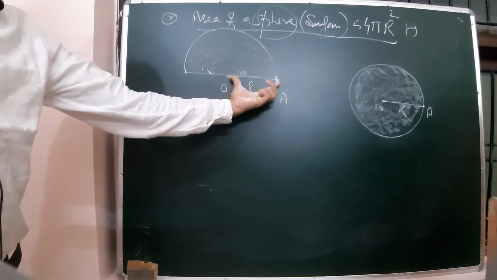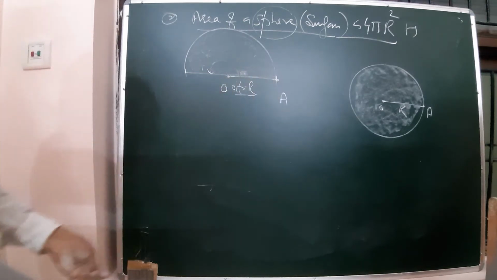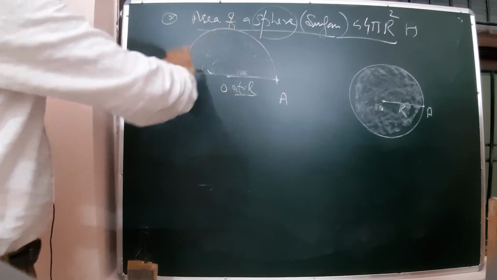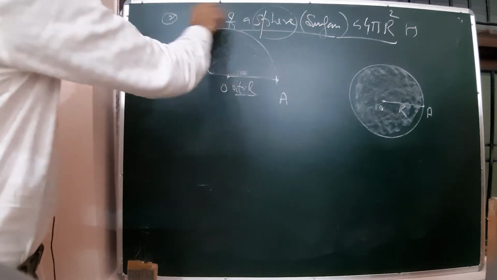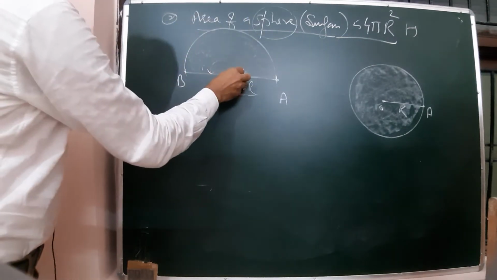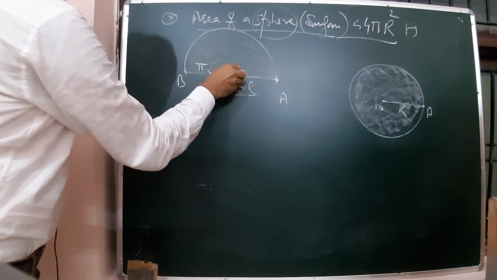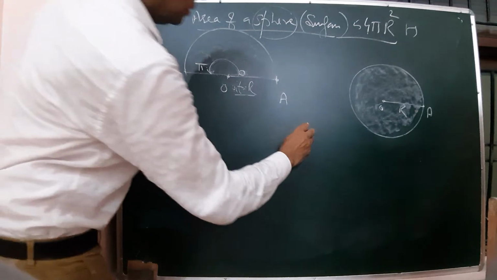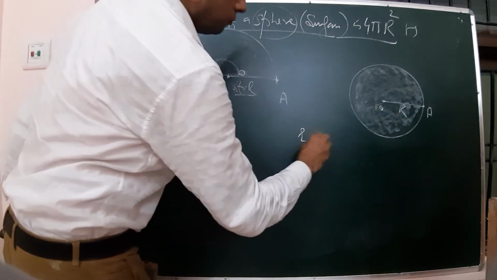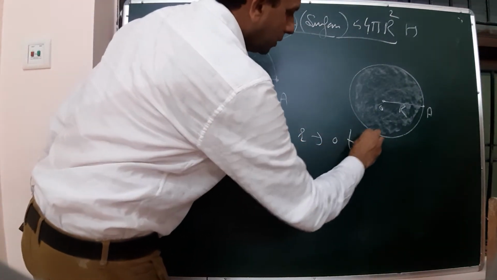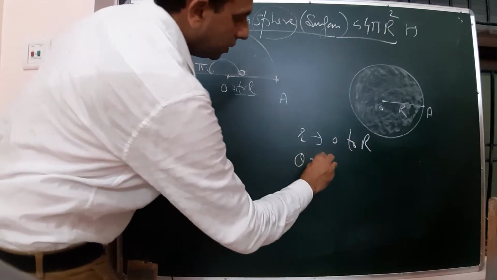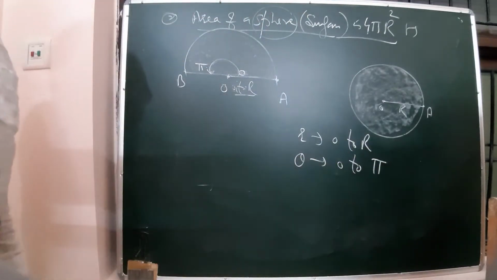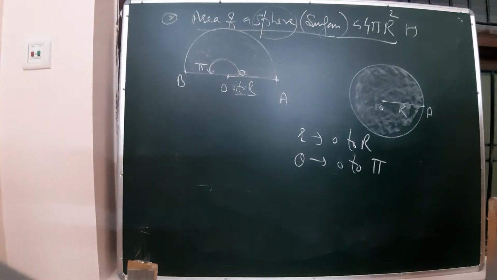Then this radius r or vector OA, we have to trace or sweep a semicircle from OA to OB, and this is 0 to pi. This angle is 0 to pi. So this one is theta. So here r is varying from 0 to capital R, and theta is varying from 0 to pi. It is not 2 pi, it is pi, because it is a semicircle.